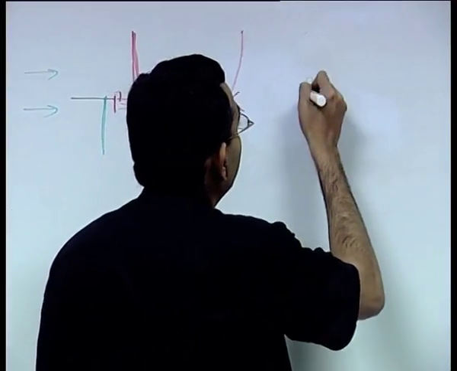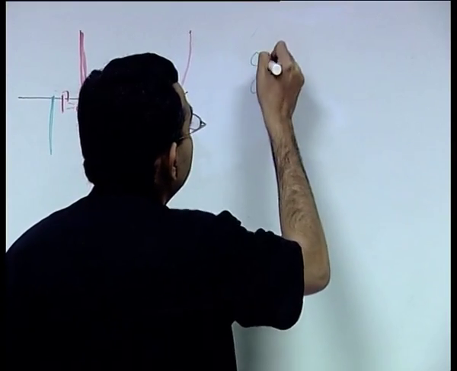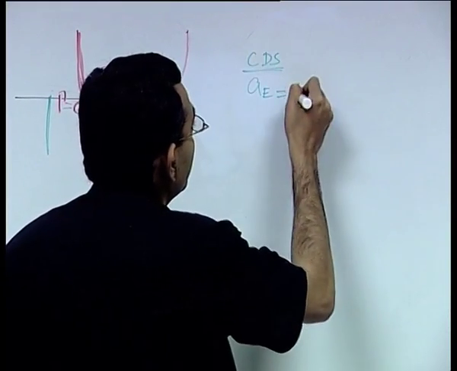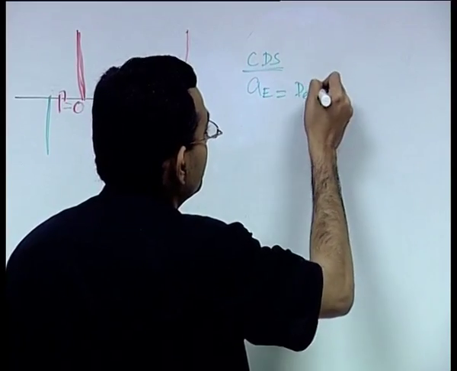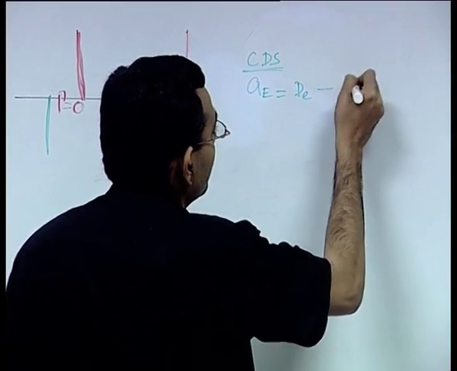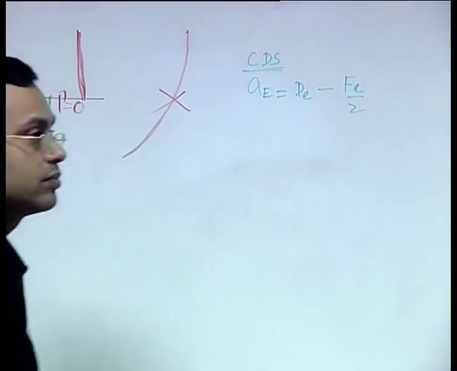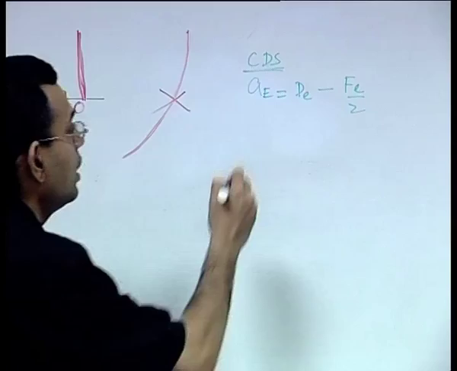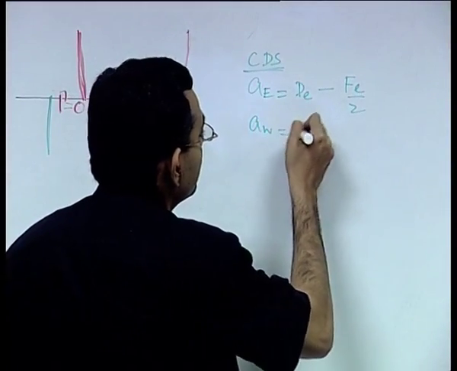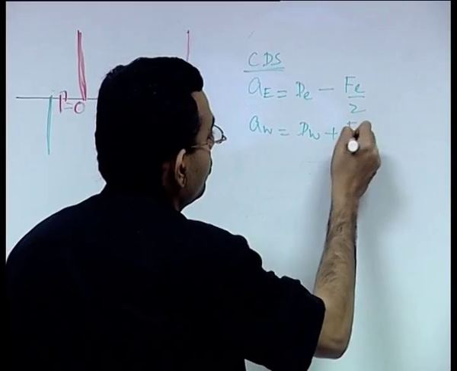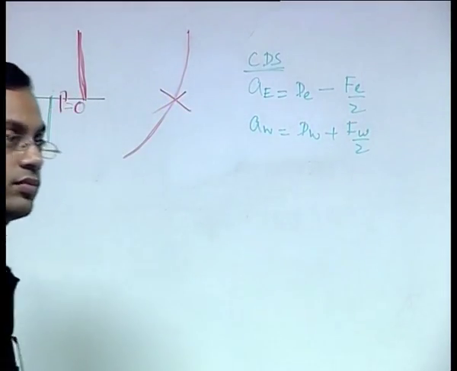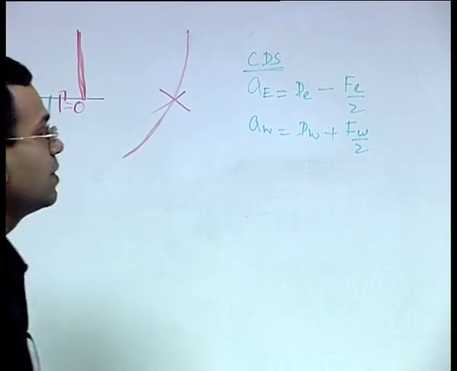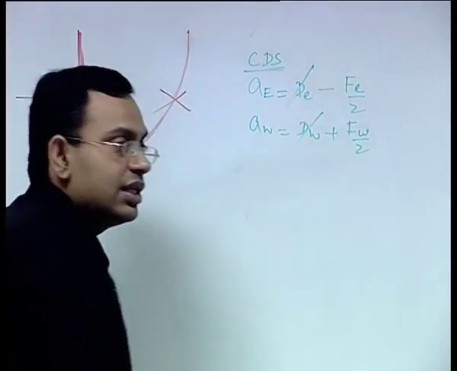So consider the central difference scheme. AE is equal to DE minus FE by 2, AW is equal to DW plus FW by 2. So when the diffusion coefficient is 0, these diffusion terms are not there.